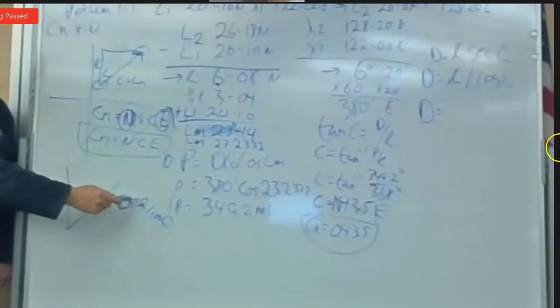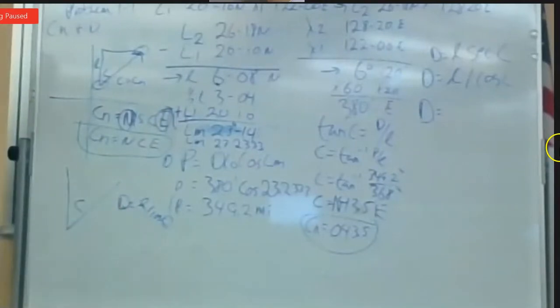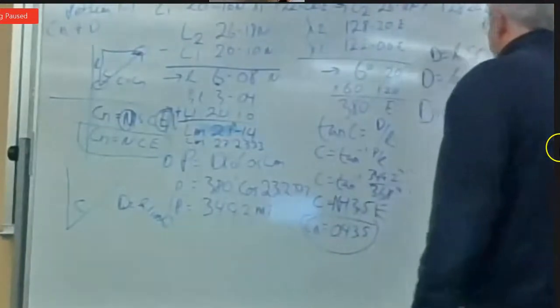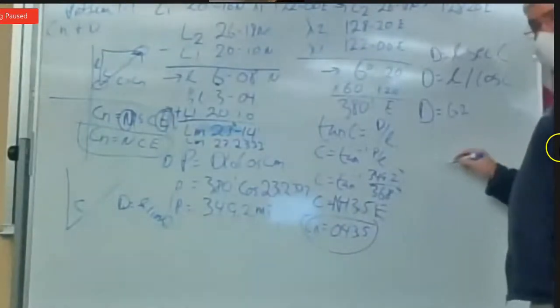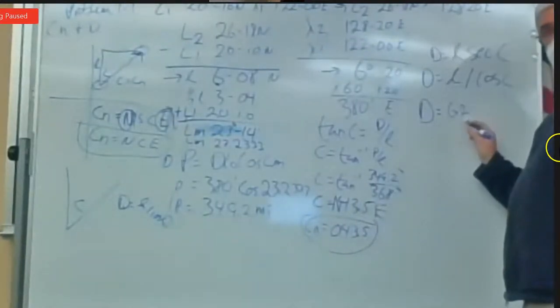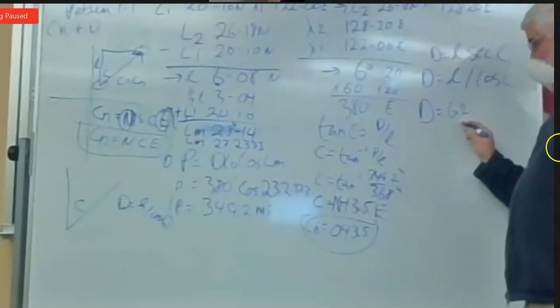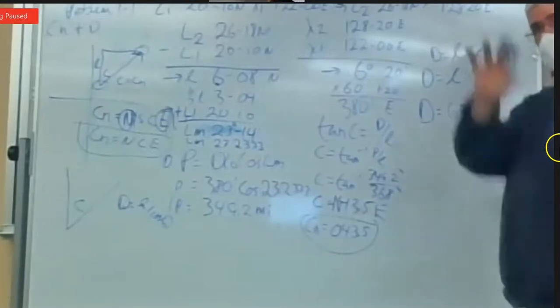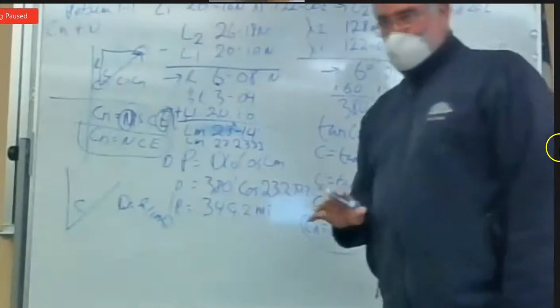I could put 6.12 degrees in here, and I would get the right number. It just wouldn't be in miles, it would be in degrees. So then I'd have to multiply that by 60, and then I would have my miles, okay? So most of you pretend I just didn't say that, okay?